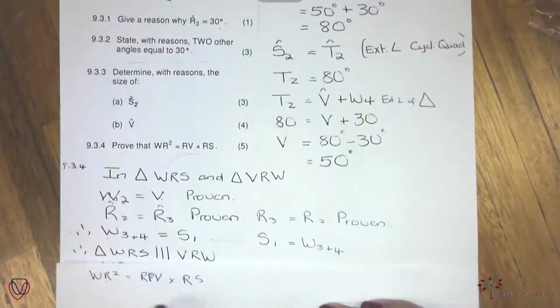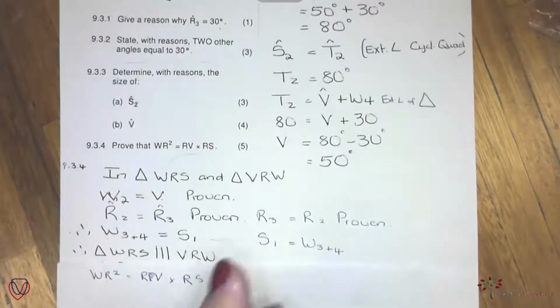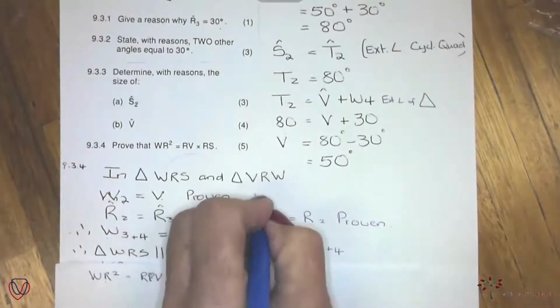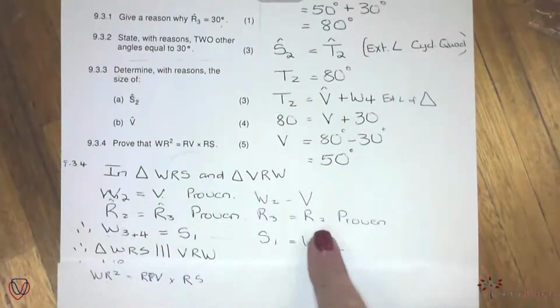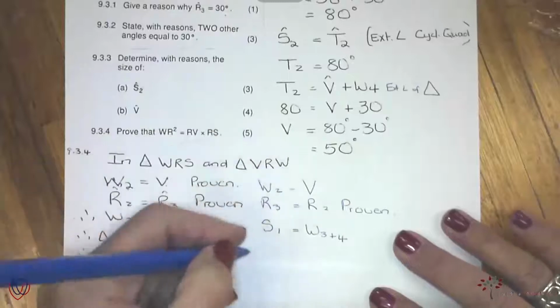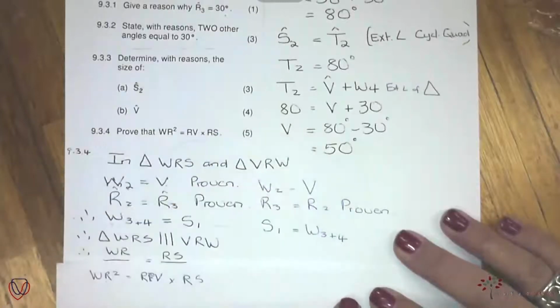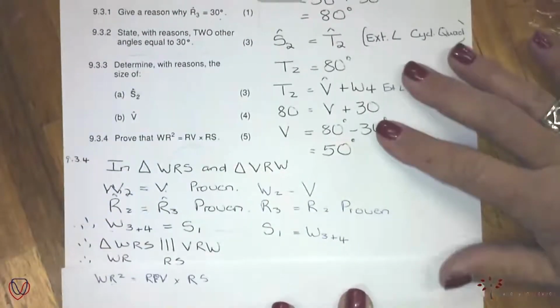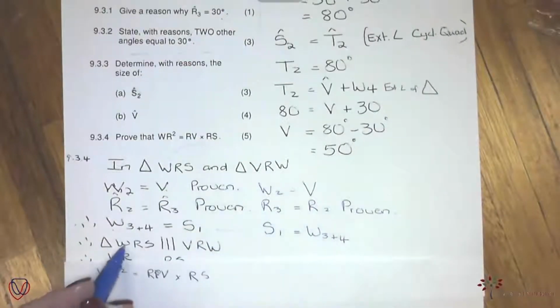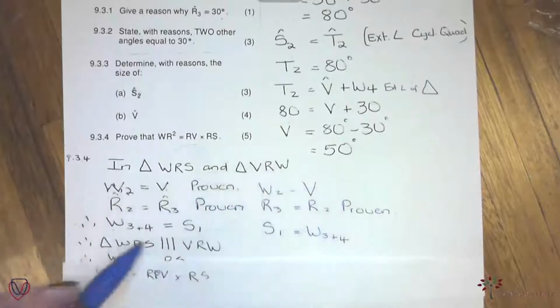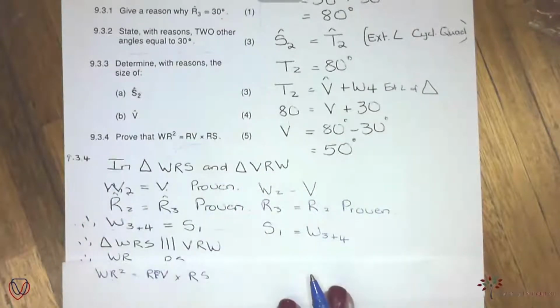Can you see that? Okay, now the order, I'm going to write that one there also. Now you can get the order from here, because here's the small triangle and there's your big triangle. Can you see that? Therefore, triangle WRS will be similar to VRW. Have you got it?